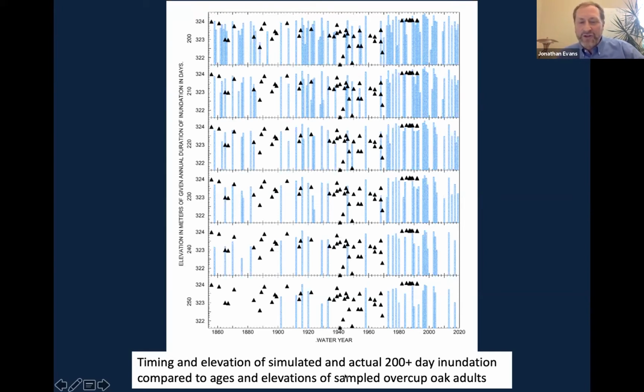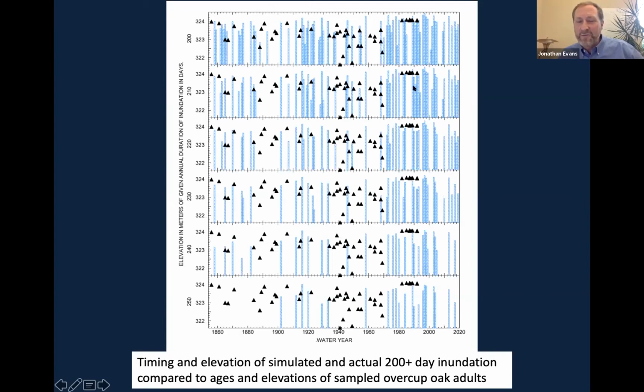We have actual data starting from the 1990s forward, but my hydrology colleagues simulated, based on rainfall records, what was happening in the past. And we were able to then superimpose on this graph the ages of trees. You can see there are clusters of trees, adults in the canopy, that were recruited in different periods of time in the past.